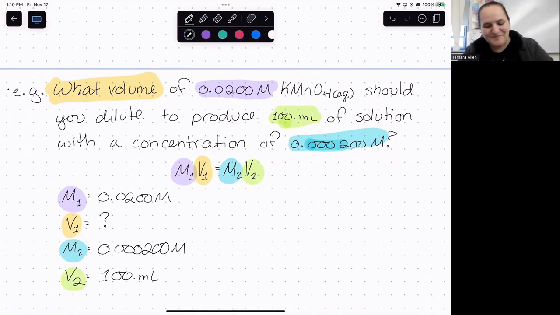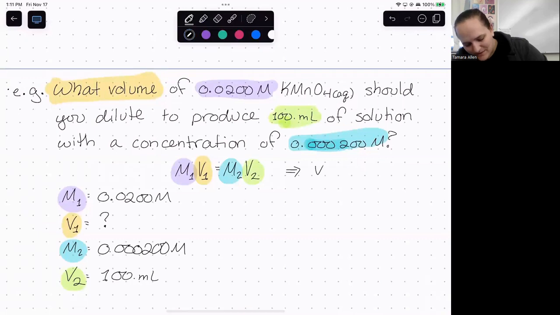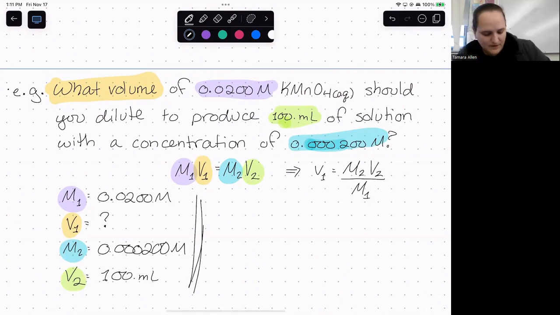All right, so same idea, just solving for a different variable. We're solving for V1 here. So we can divide both sides by M1. So we will get V1 is equal to M2 times V2 over M1. And then we can plug in everything that we know to find that volume.